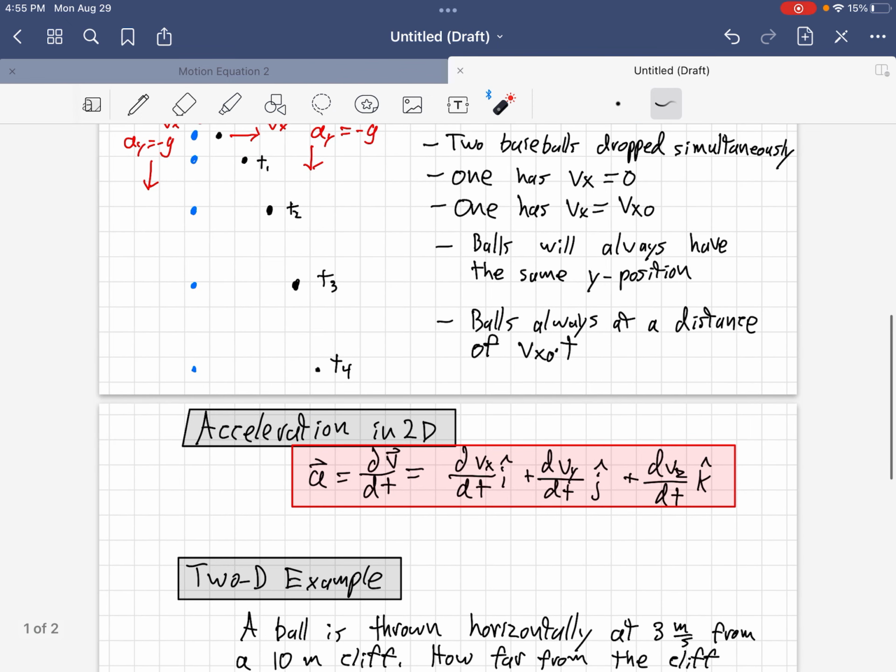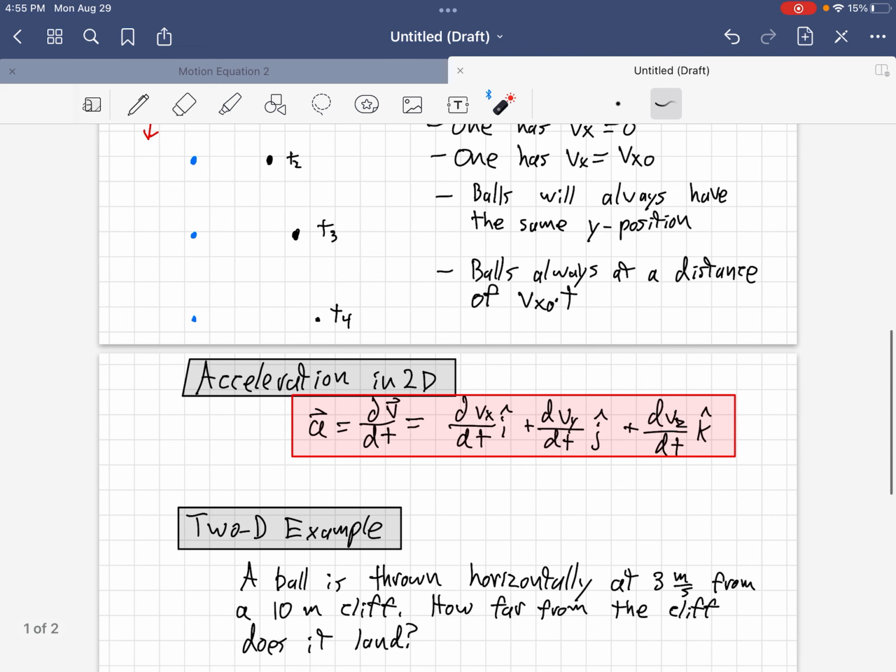All right, so similarly to how we defined velocity in 2D, acceleration in 2D is similar. Remember how acceleration is the time derivative of velocity. So it's like taking the time derivative of each individual component of the velocity.